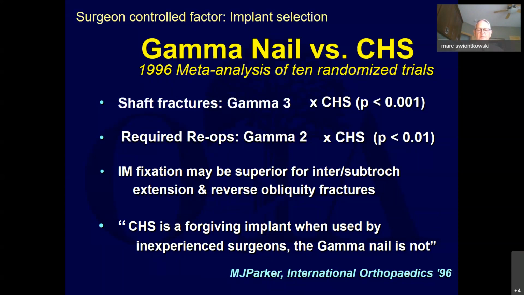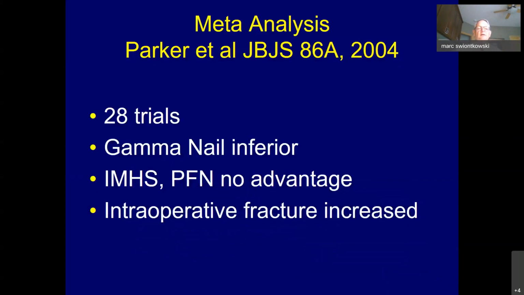And it was clear from that point that the intramedullary hip screw required more experience in order to avoid these complications. So this meta-analysis was updated some 9 years later, again confirming in 28 randomized controlled trials that the gamma nail was inferior, and it offered no advantage with continued intraoperative fracture increases.